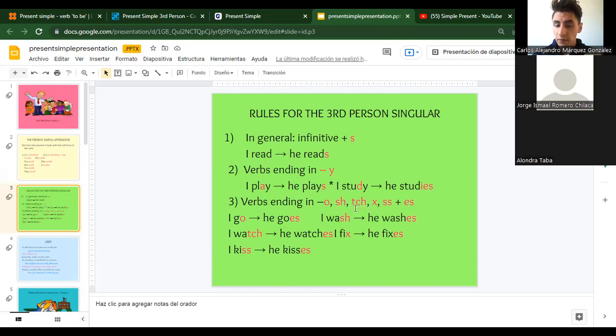Also, when we have verbs that finish with TCH, we're going to add ES. For example, watch. He watches. We add ES at the end of the verb.